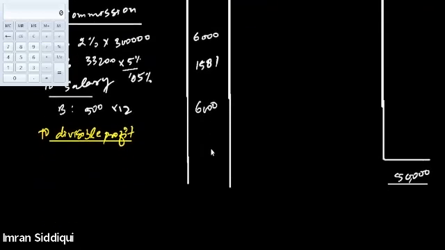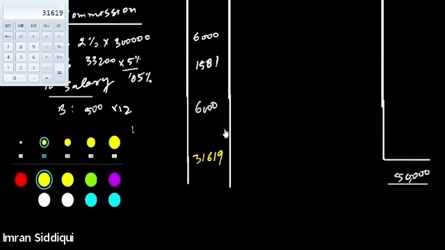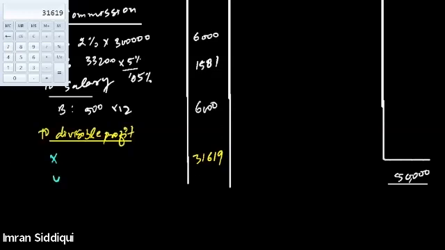Divisible profit will be 33,200 minus 1,581. So this will be 31,619, and we will distribute it among the partners X and Y in their profit sharing ratio.